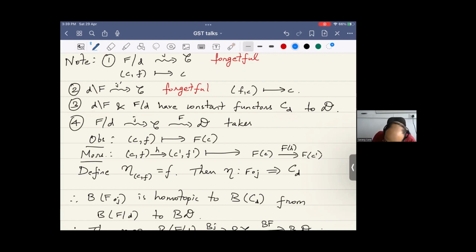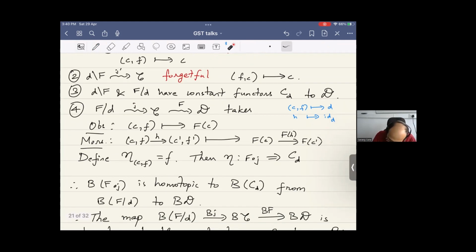If you take an object c comma f, CD sends it to the object d, and if you take a morphism h, it sends it to identity of d. It's straightforward to check that this is a functor from F comma D to the category script D. So they have these constant functors.